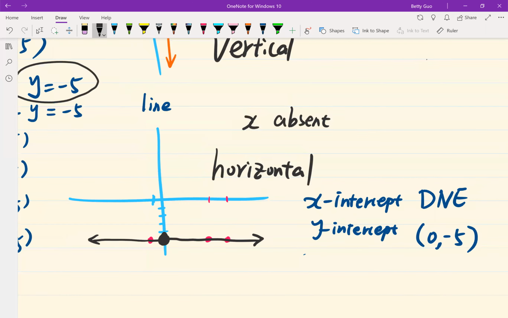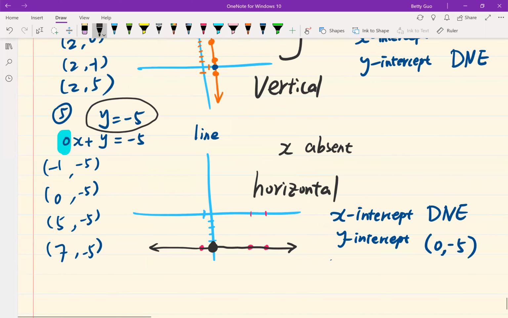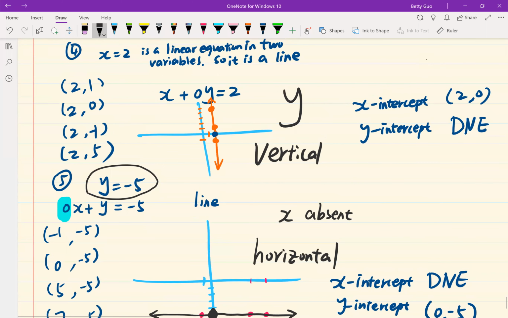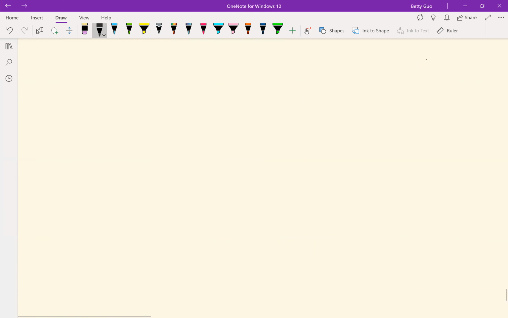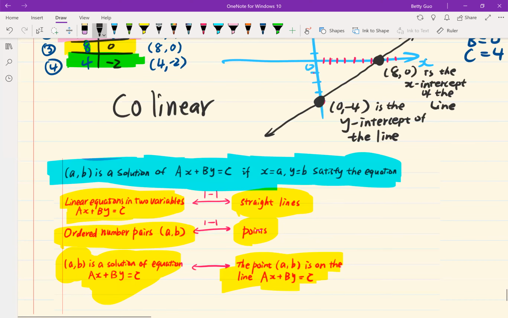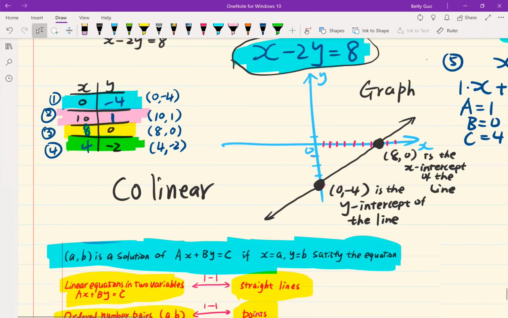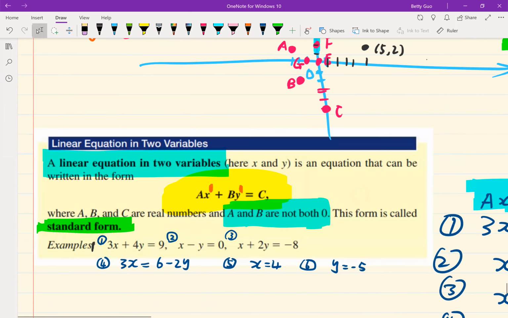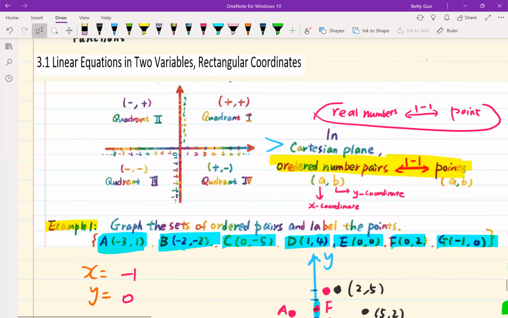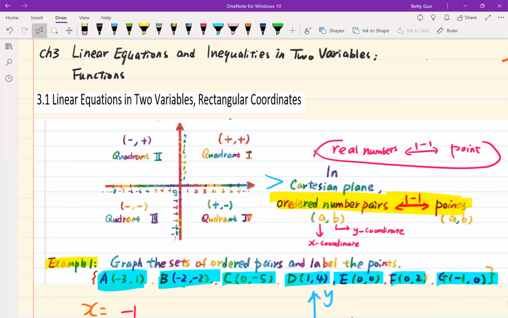This video covers all the things that you need to know about section 3.1, linear equation in two variables, from the rectangular coordinate system to the definition of linear equation in two variables, and to the geometric significance of linear equation in two variables.